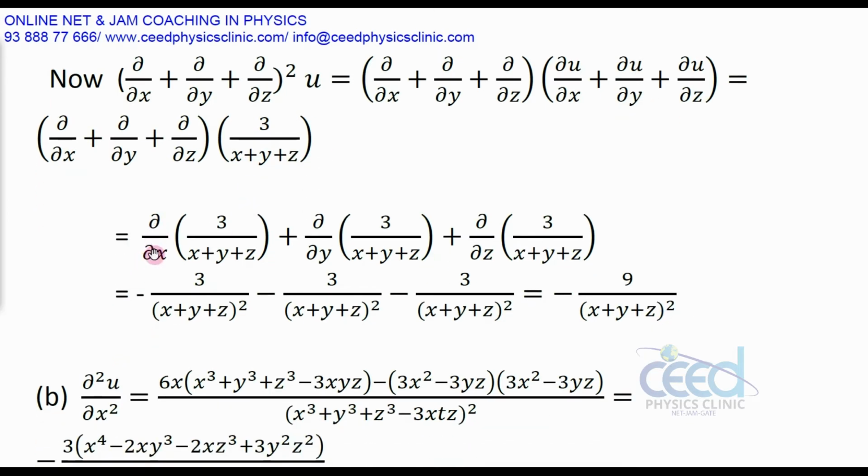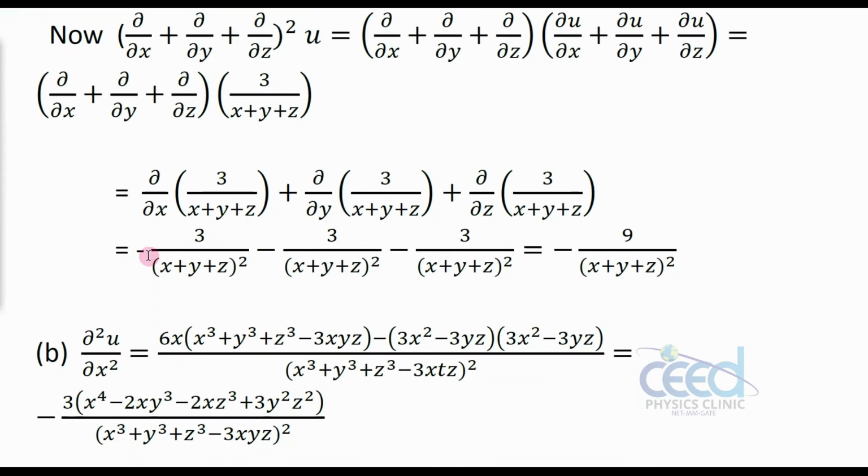So dou by dou x gives minus 3 by (x plus y plus z) square. When I differentiate x plus y plus z with respect to x, that is 1, and y and z give 0. Similarly here also I have minus 3 by (x plus y plus z) whole square, and here also minus 3 by (x plus y plus z) whole square. So that is equal to minus 9 by (x plus y plus z) whole square.